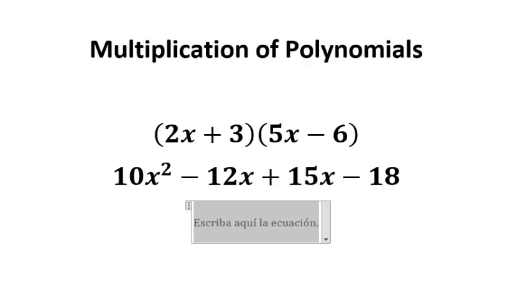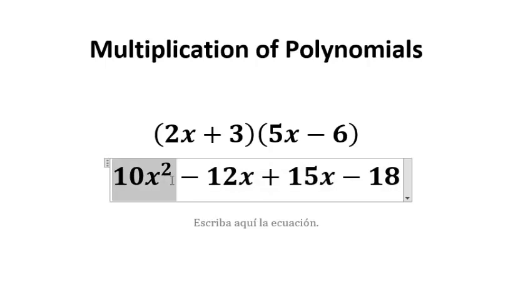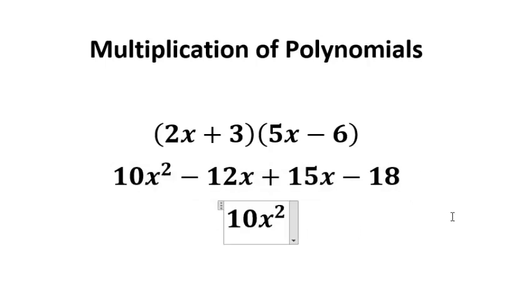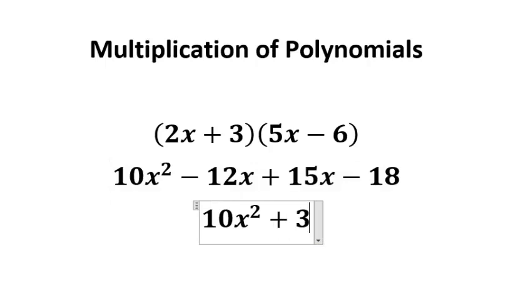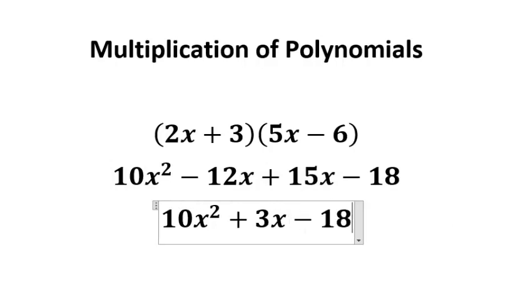So I'm going to copy 10x squared because I don't need to work with it. And minus 12 plus 15 will be positive 3. I'm going to copy the letter x because you always need to copy the type of the terms that you're working with. Minus 18, I copy the number because I'm not working with it.